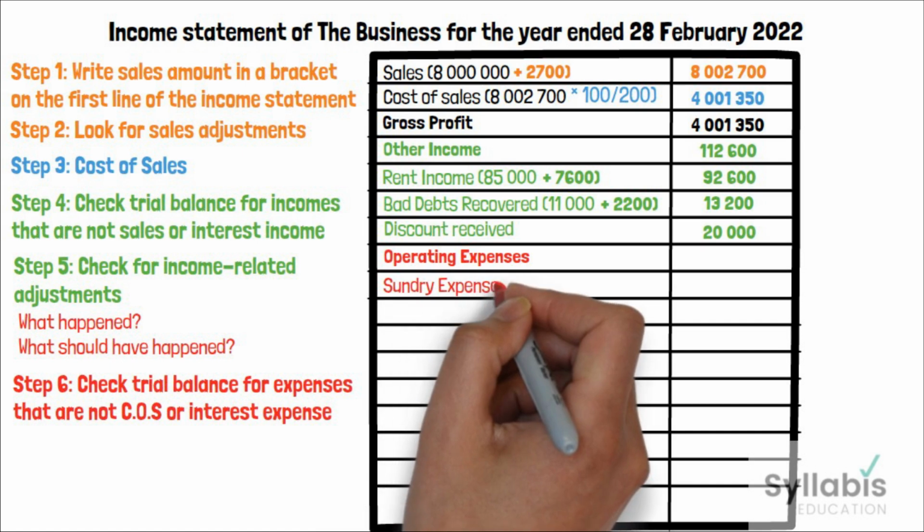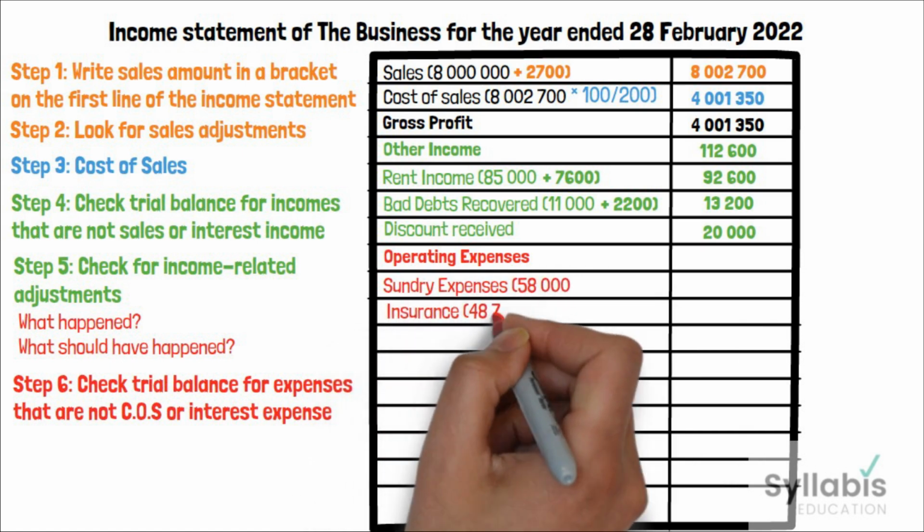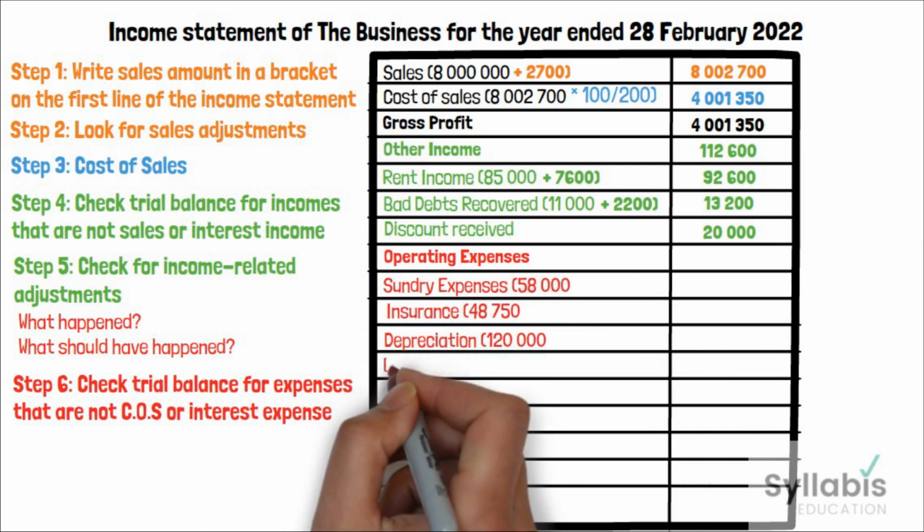Put all these expenses into the income statement and put the amounts in brackets because we haven't done the adjustments for them yet.